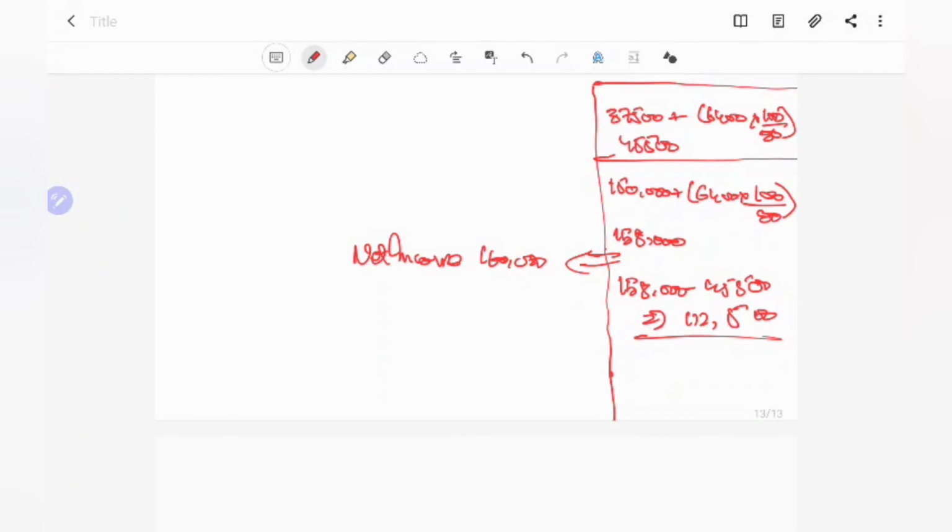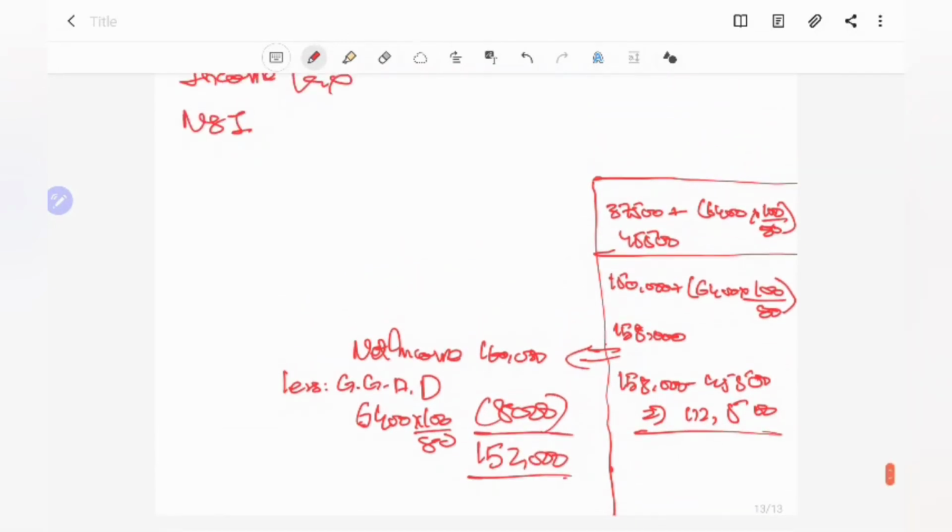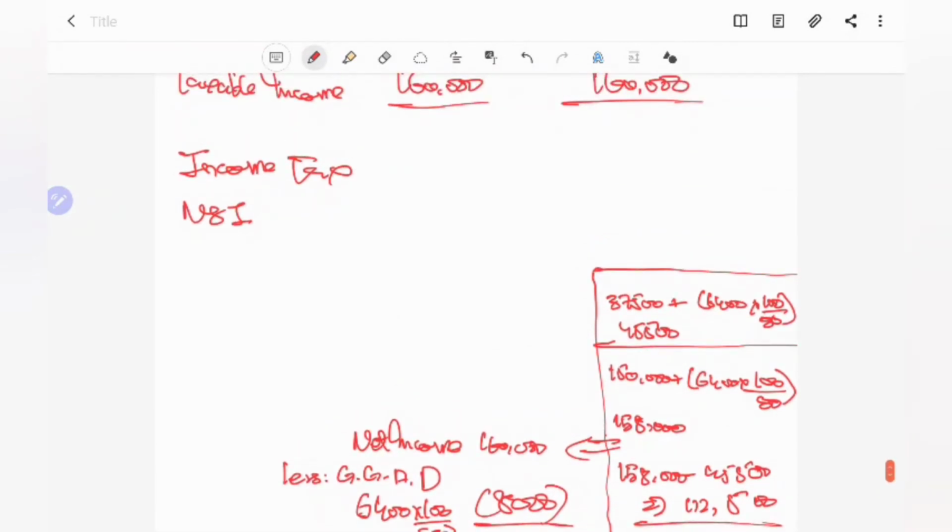And we have to deduct the gross gift aid donation, which is 6,400 multiplied by 100 divided by 80, we get 8,000. We will deduct 8,000 from 160,000, we will get 152,000. That's it. So these are the workings.